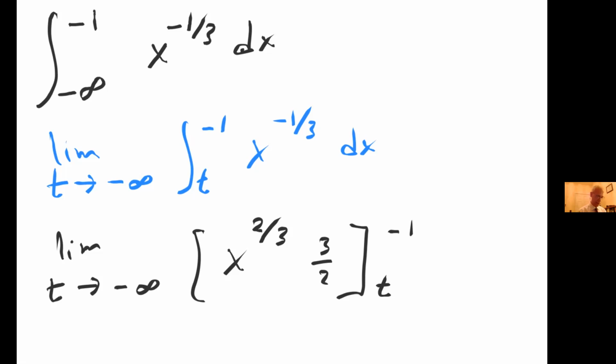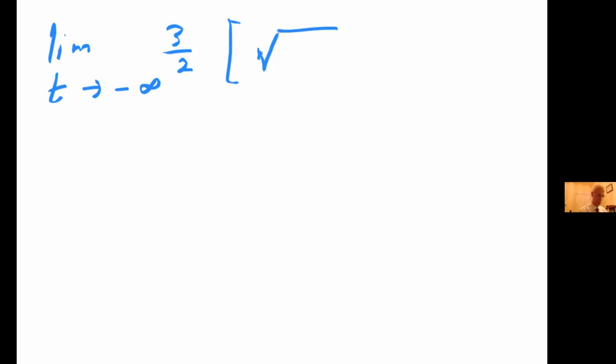So limit as t is approaching negative infinity, 3/2, and we said x to the power of 2/3 is the same as saying cube root of x squared.